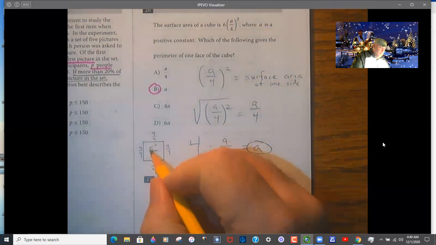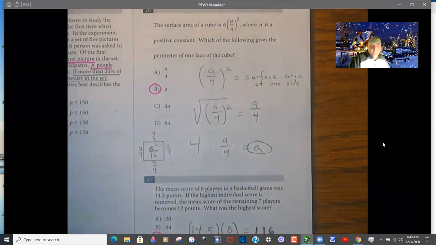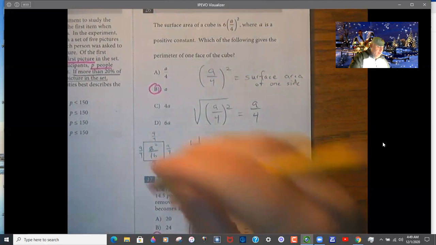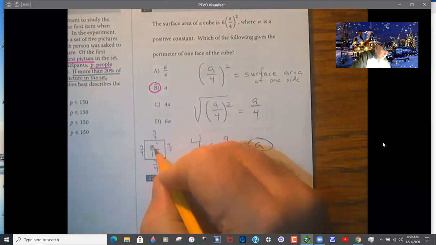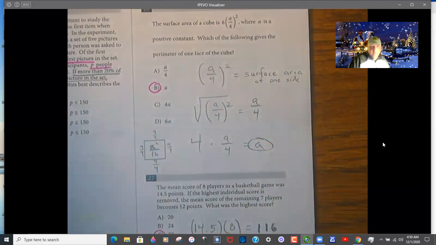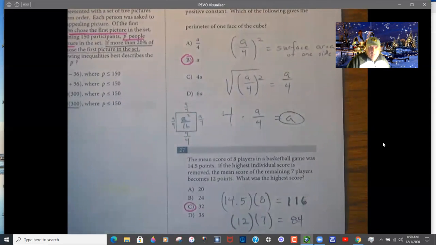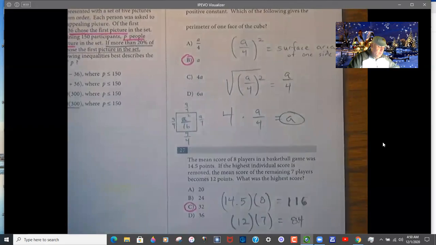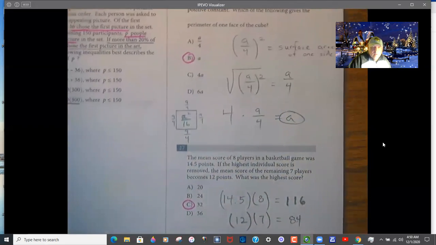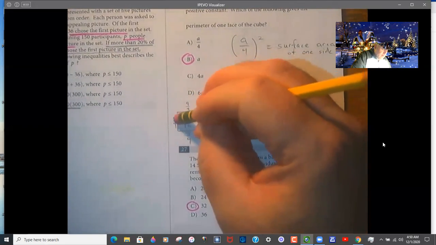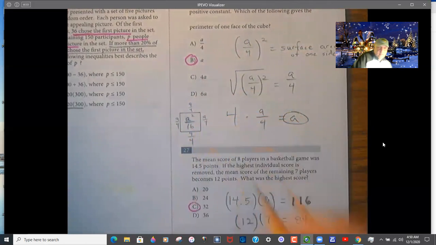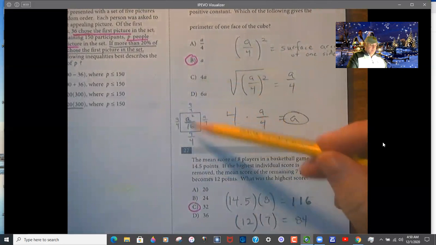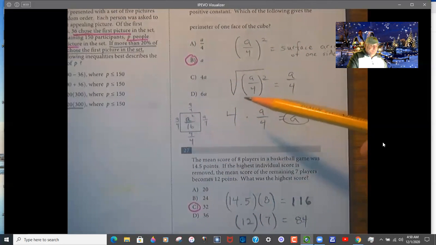If you imagine seeing one side of the cube, this is its area here, a squared over 16, and then you want to square root that to get the side of it. So a over 4 is each side.